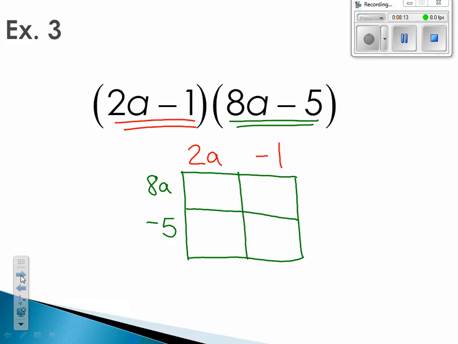Now, just like back when you were first learning times tables, we multiply whatever meets up in each box. In this box right here, I've got 2a times 8a. 2 times 8 is 16, and a times a is a squared.